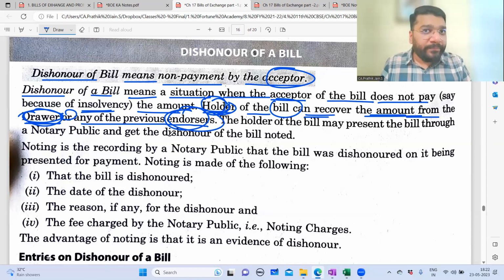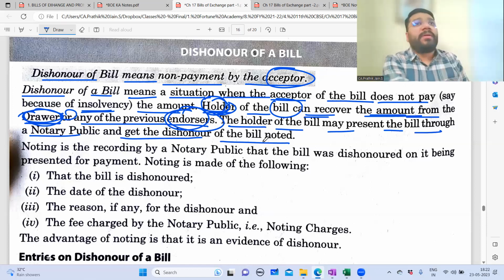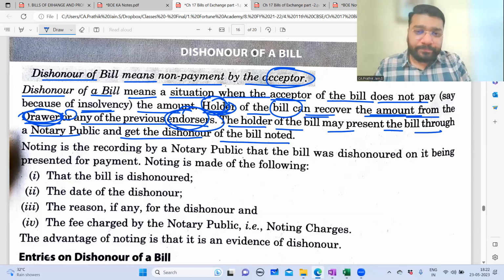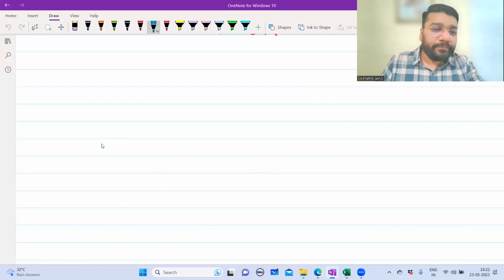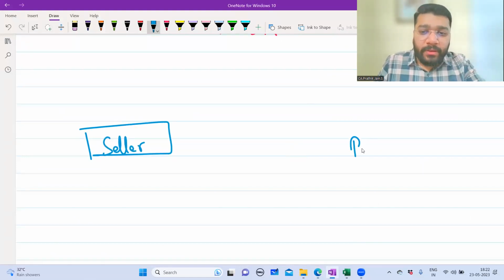You got this point? The holder of the bill may present the bill through a notary public and get the dishonor of the bill noted. Now, what happens is, guys, whenever a bill is being presented, let me take an example. This is seller. This is buyer.